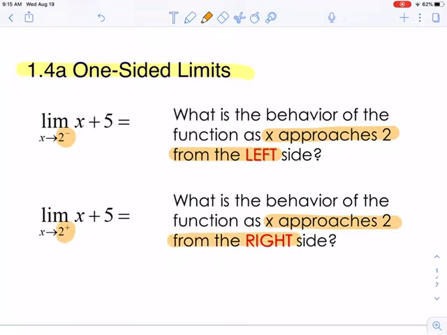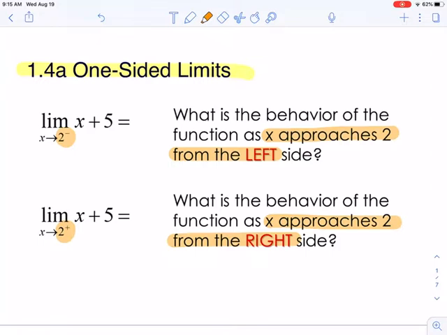When we talk about the notation as x approaches a value from the right side, here's how we notate that. We have a superscript of a plus. This means we are approaching the limit from the right side and the right side only.